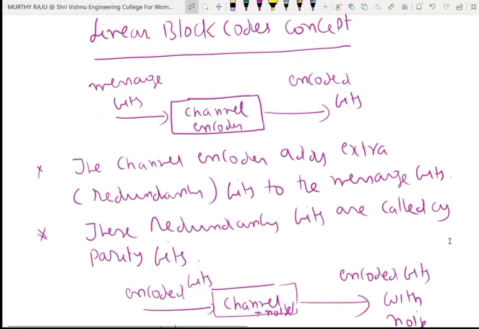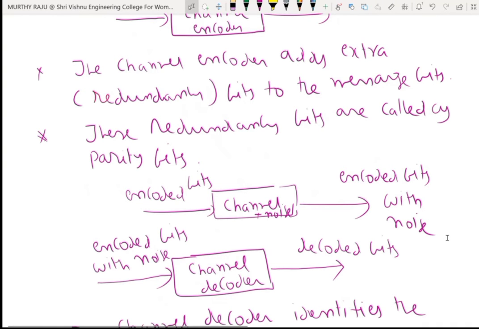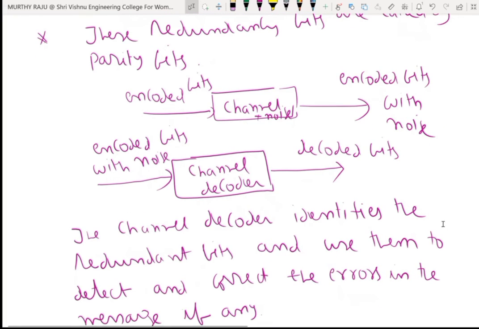This encoded information passes through the channel, some noise is added, and the output of the channel is encoded information with noise. That is applied to the channel decoder.